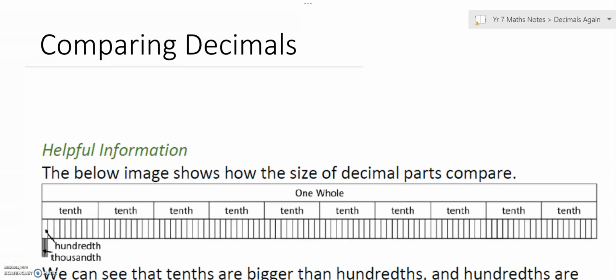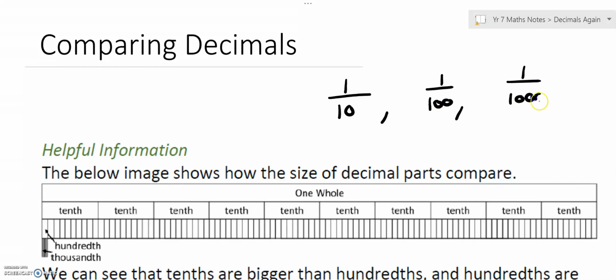So this video is going to go through comparing decimals, and it's always good to be able to visualize a little bit what's going on. So decimals are numbers which have denominators as a base of 10.